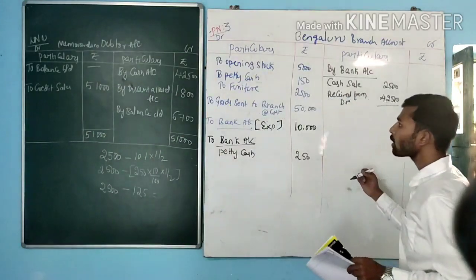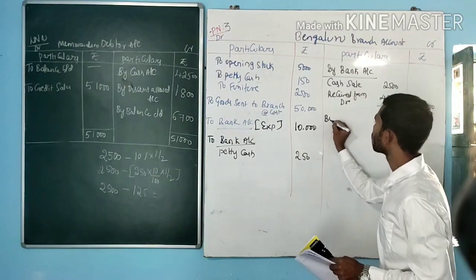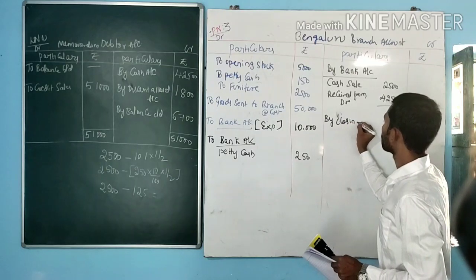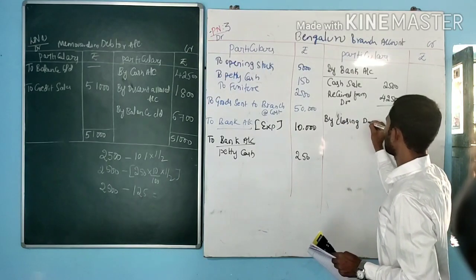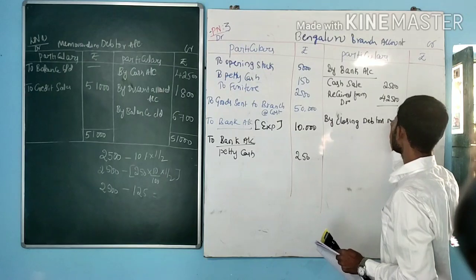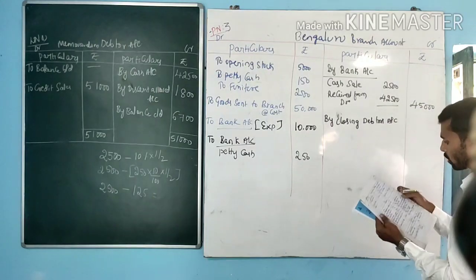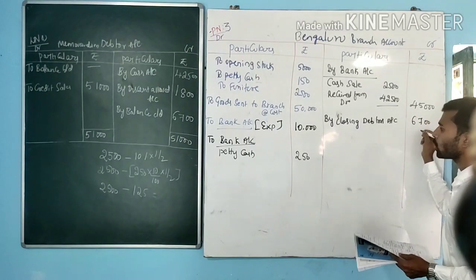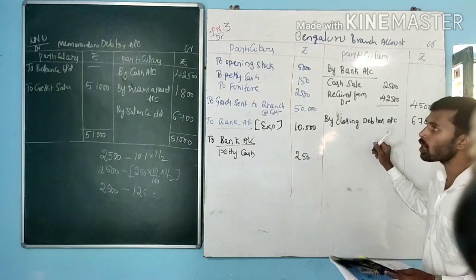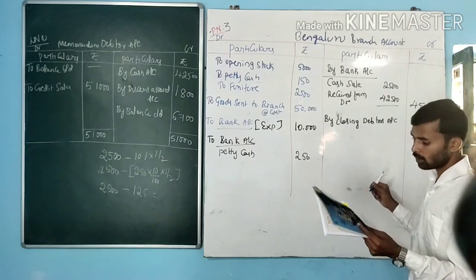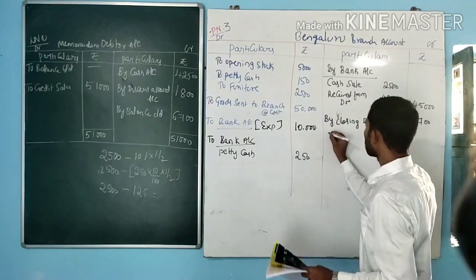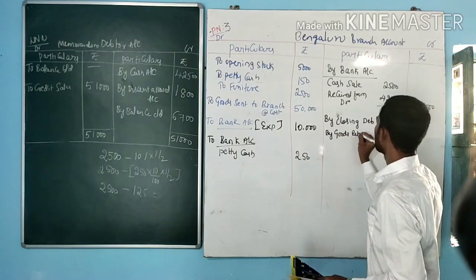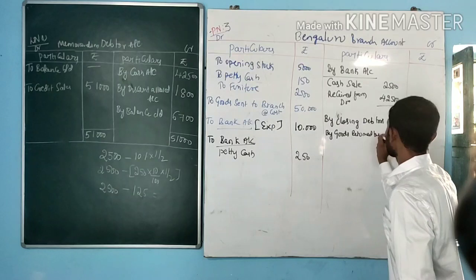Now again come back, by closing debtors account amount, that is 6,700. So this is the amount to be paid by the debtors to the head office at the end. Next one, by goods returned by branch.